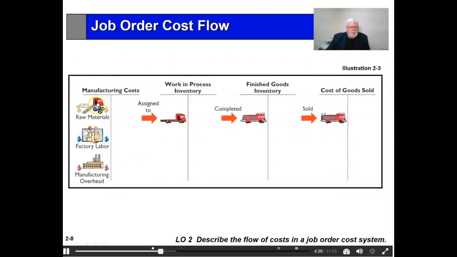So you can see the materials would be put into production. Everything that's put into production, material, labor, and overhead, is a debit to work in process. Now, when the job is finished, we credit work in process and we debit finished goods. And when we sell the goods, we credit finished goods and we debit cost of goods sold. So that's how the costs flow through the process.